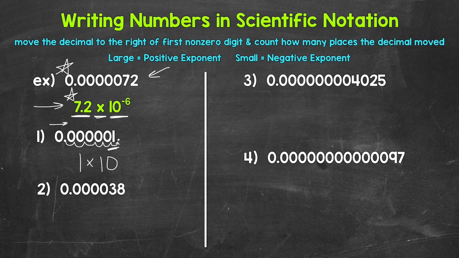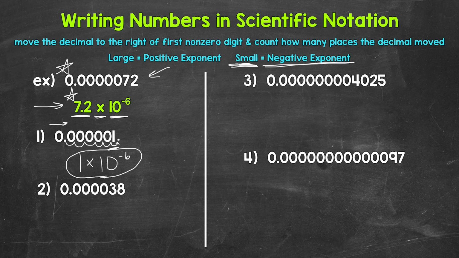Our exponent is going to be how many places we moved the decimal. And since we are working with a small number here, this is going to be a negative exponent. Well, we moved the decimal 6 places, so our exponent here is going to be negative 6. So we have 1 times 10 to the power of negative 6. And that's our scientific notation.